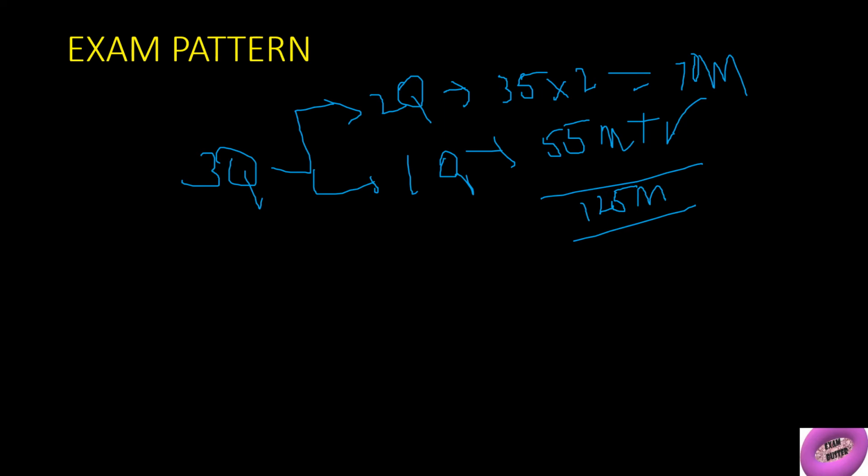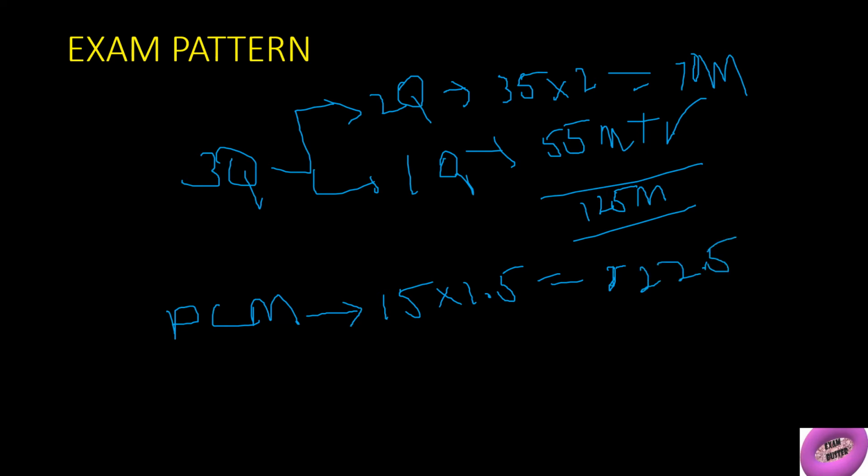Coming to Part B, it is for physics, chemistry and maths, which I am signifying as PCM. Together they are going to ask 15 questions. Each correct answer carries 1.5 marks, and the total is 22.5 marks.